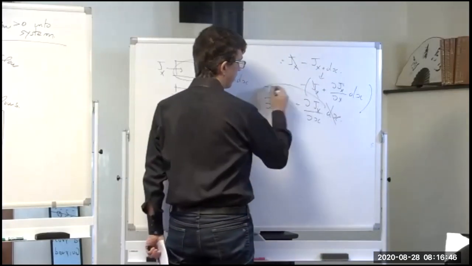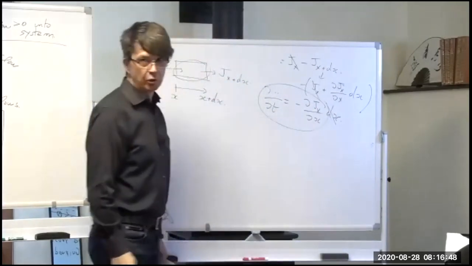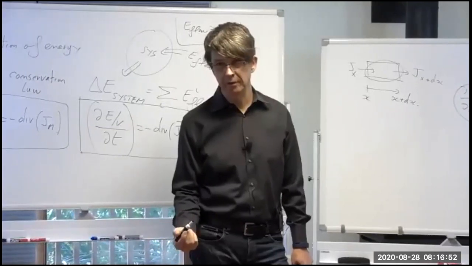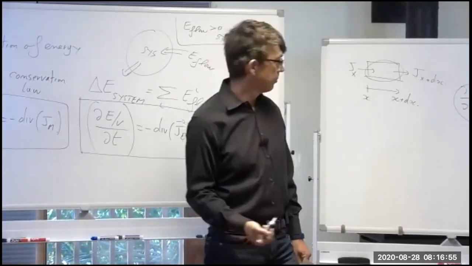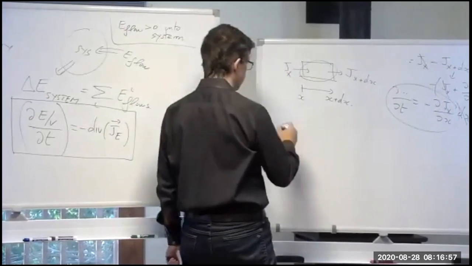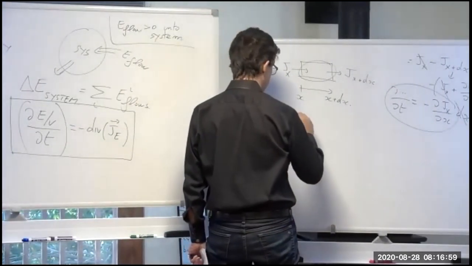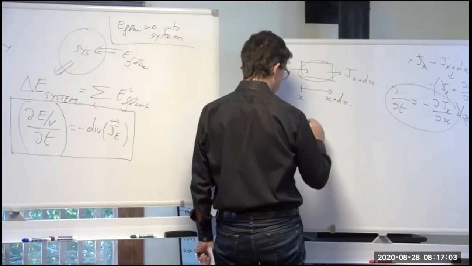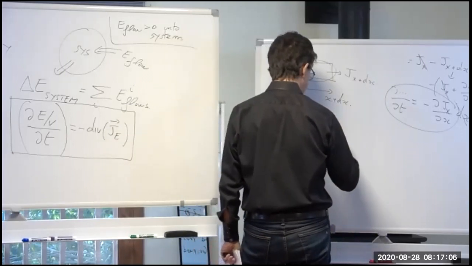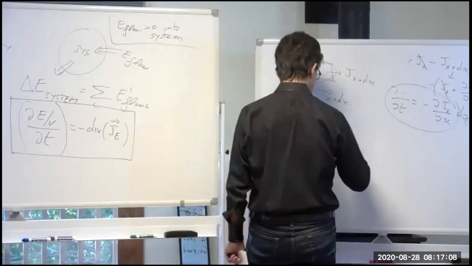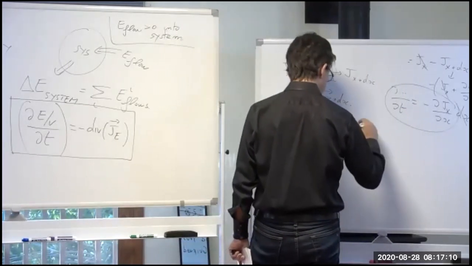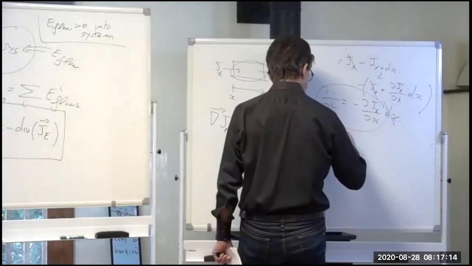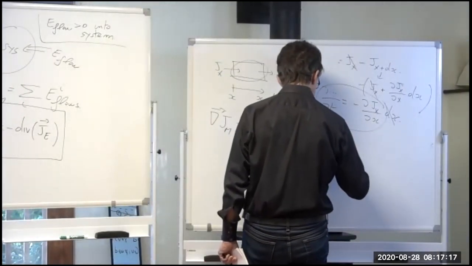So in conservation laws, you always see the divergence show up, because what is the divergence? In general, the divergence of a flux of anything is djx/dx plus djy/dy plus djz/dz.